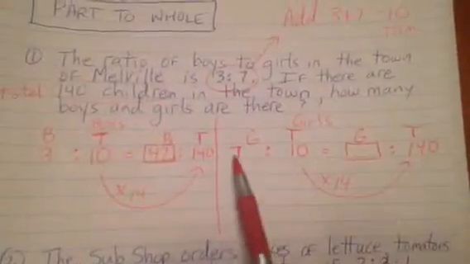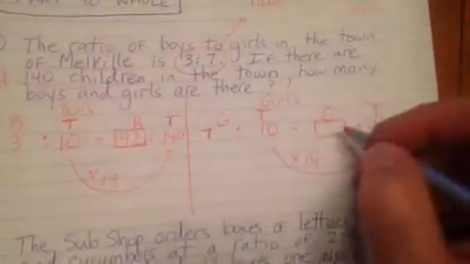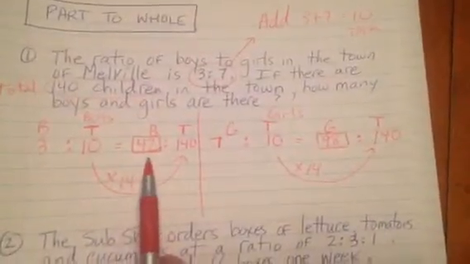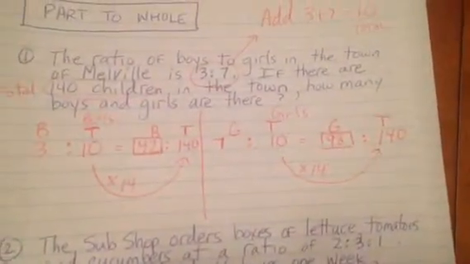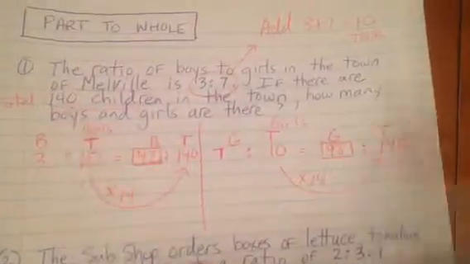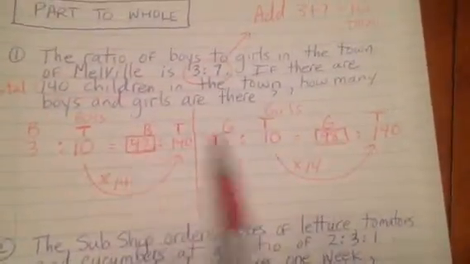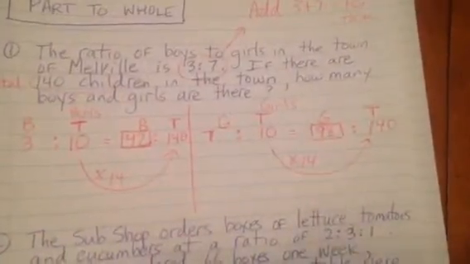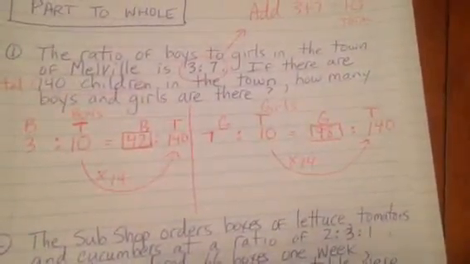And for the girls, I have to go 7 times 14, which in this case is 98. So I have 42 boys and 98 girls in that town of Melville, which has 140 kids. And I know that these 2 numbers have to add up to 140, and you can see that they do.